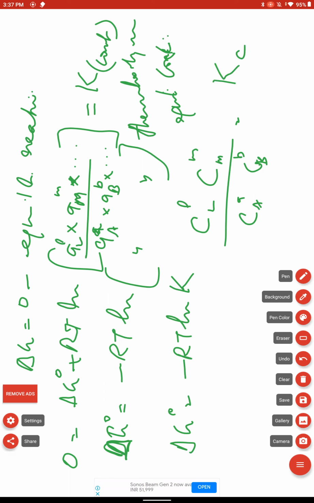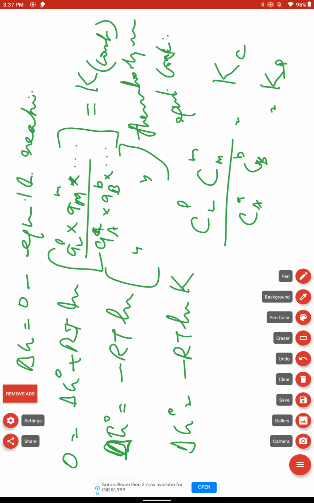Or in terms of pressure, that becomes Kp. So we can write in terms of Kp or in terms of Kc for an equilibrium reaction taking place at a constant temperature. So from this we have to derive a further equation.